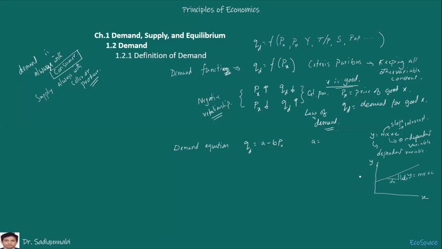And m is equal to dy divided by dx, the first derivative. What is C? C is this one. So this is our math knowledge.